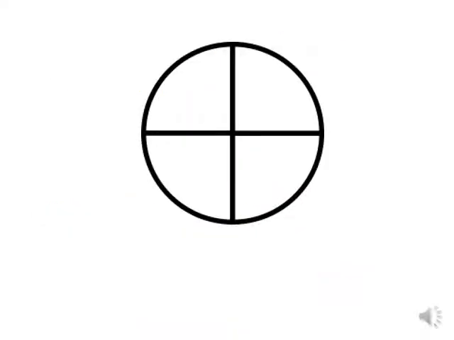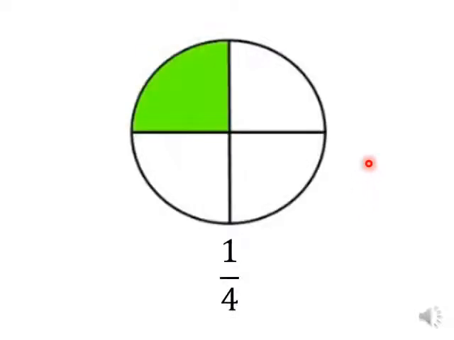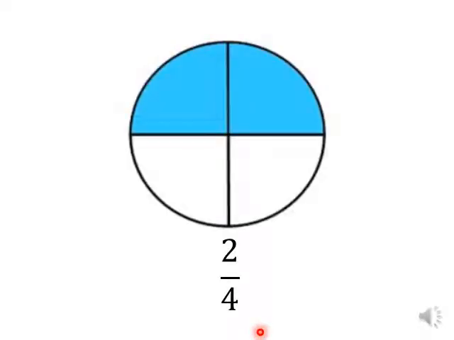On the screen in front of you, you can see that we now have our circle, and our circle has now been split into 4 equal parts. You can now see that out of the 4 equal parts, one part has been shaded in. So we have 1 out of 4, or 1/4. Now our shape is still split into 4 equal pieces.